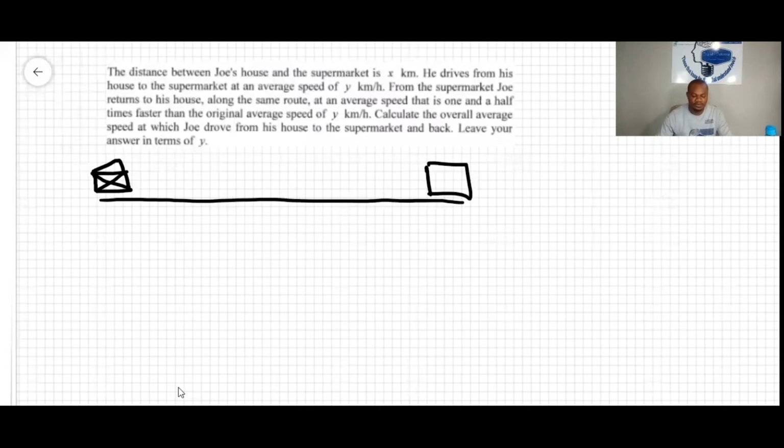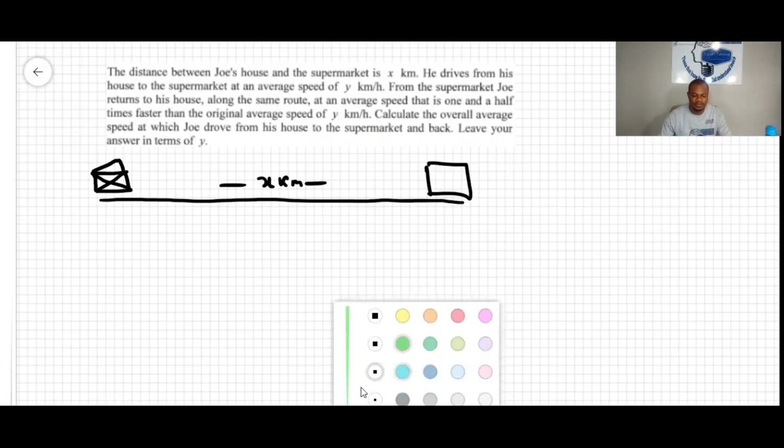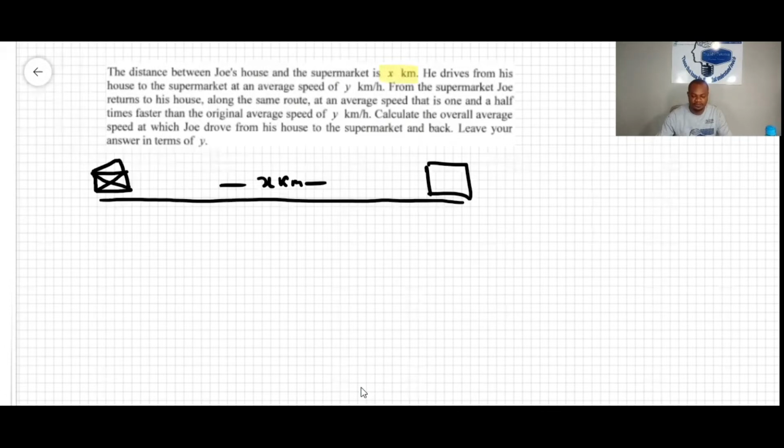Now, this whole distance is X kilometers. That's what the question says. So the distance here is X kilometers.